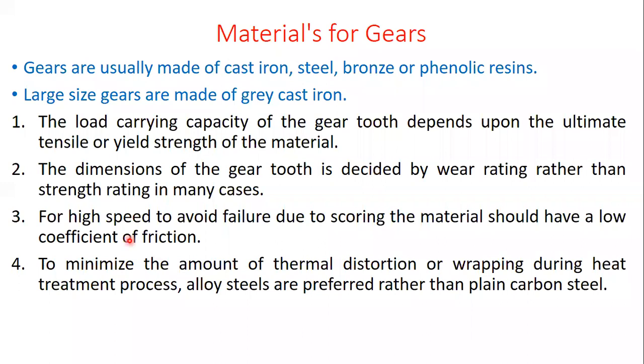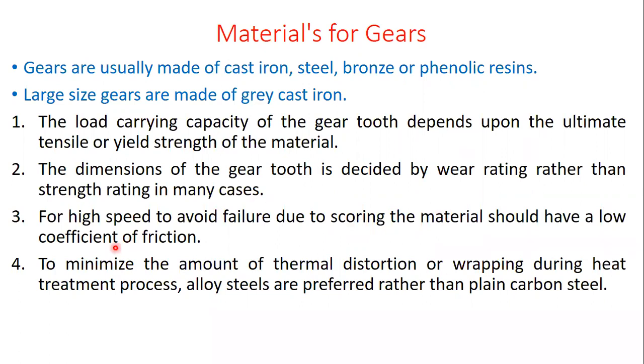And the next one is for high speed. When the gear is rotating at a high speed, to avoid failure due to scoring... Scoring is when metal to metal contact takes place, there will be wear of the material, and that is called scoring. At a high speed, to avoid the failure due to scoring, the material should have a low coefficient of friction.